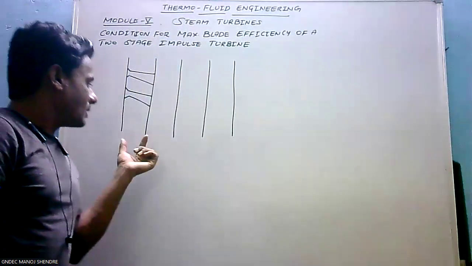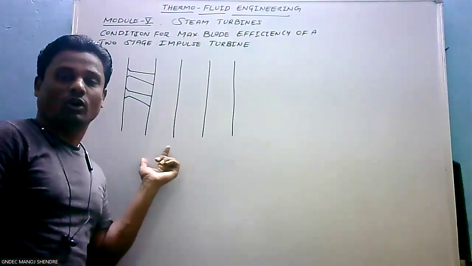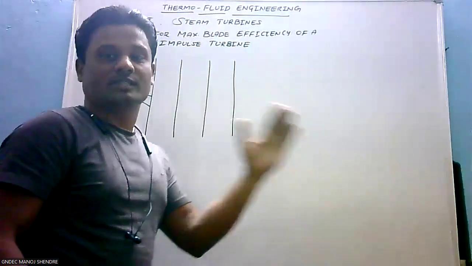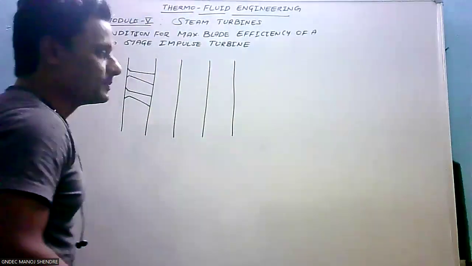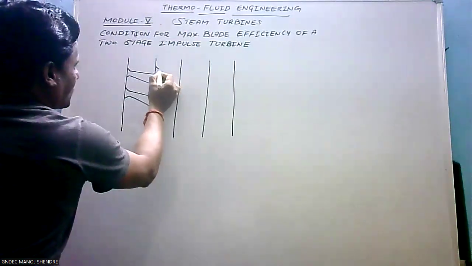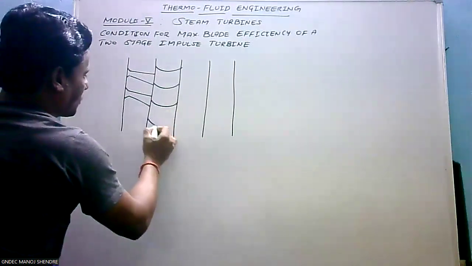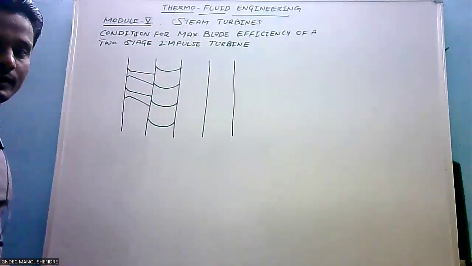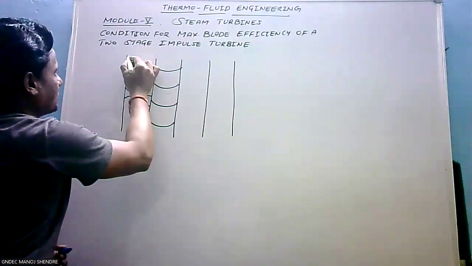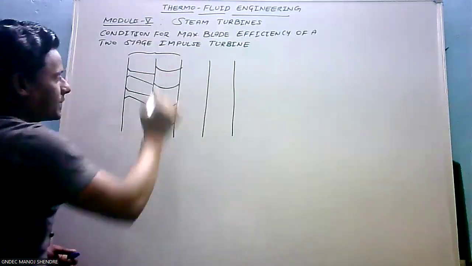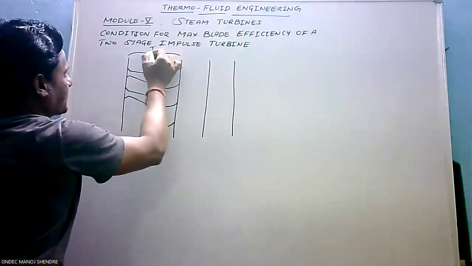That means upon the drop in enthalpy, that energy is converted into a high velocity jet, or kinetic energy. So it enters into the first set of moving blades. These two rows together constitute the first stage, stage number 1.